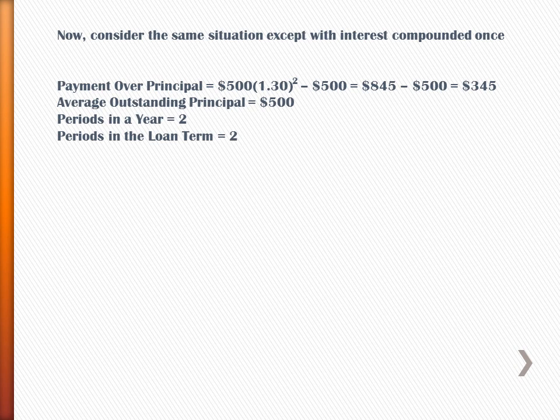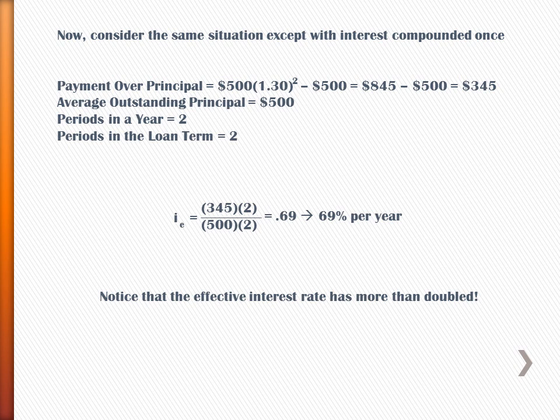Now, let us consider the same situation, except with the interest compounded once. In this example, following calculations, you find that the effective interest rate has more than doubled.